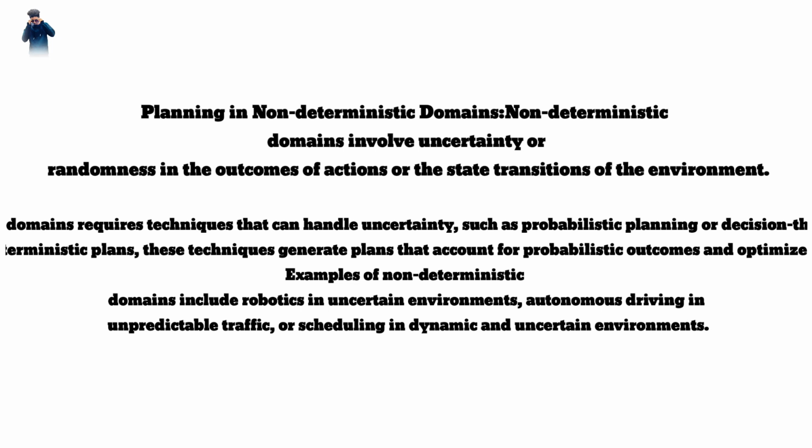Instead of generating deterministic plans, these techniques generate plans that account for probabilistic outcomes and optimize expected utility or value. Examples of non-deterministic domains include robotics in uncertain environments, autonomous driving in unpredictable traffic, or scheduling in dynamic and uncertain environments.